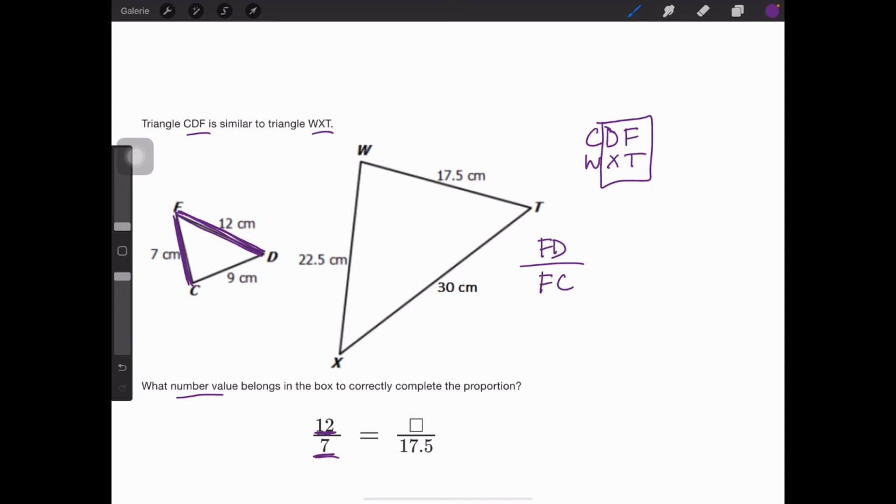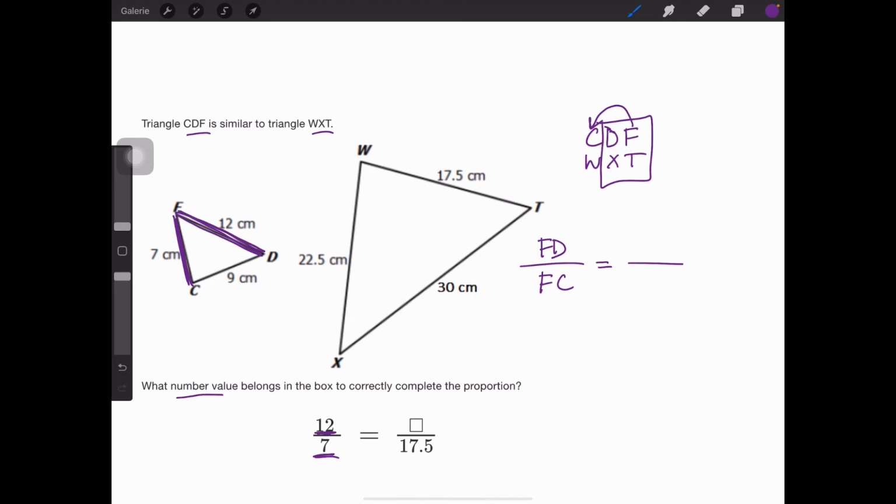So the comparison they're making is between two sides of the same triangle, that's FD and FC. And that should be equal to the corresponding sides of my second triangle. So FD is in my key, I've got it boxed, and FC is going to be the last to the first letter. So I've drawn an arrow to indicate that.